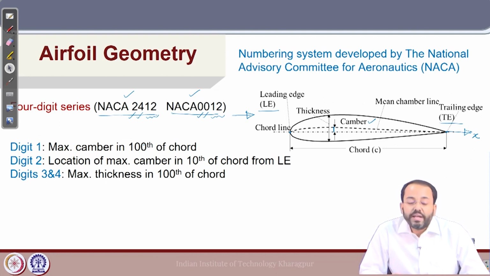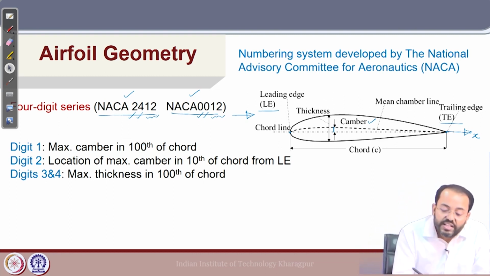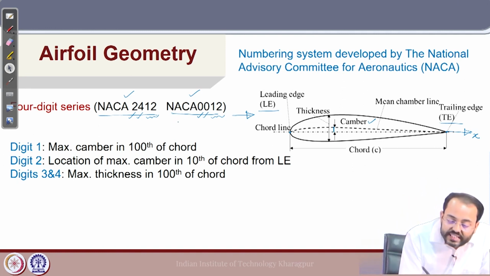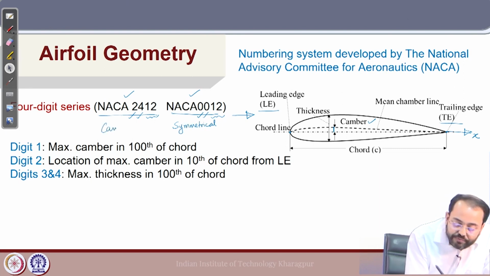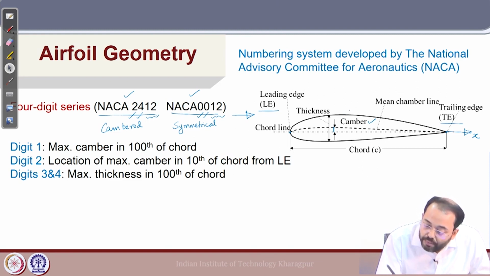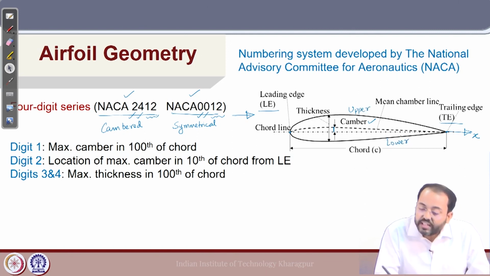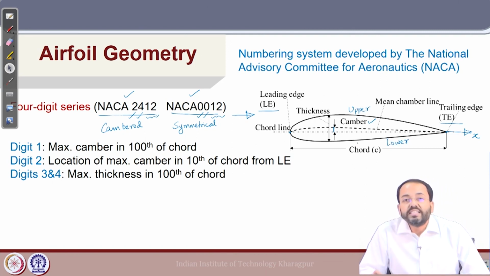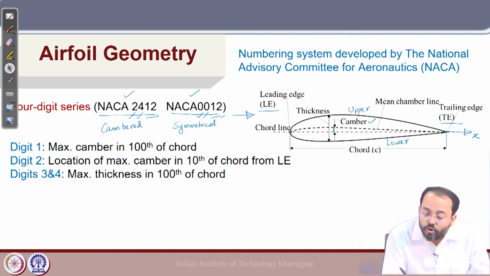Now, what is the main difference between them? The second foil, NACA 0012, is a symmetrical foil section, and the first one is a cambered foil section. Symmetric foil section means the upper and the lower surfaces of the foil are symmetric about the chord line.